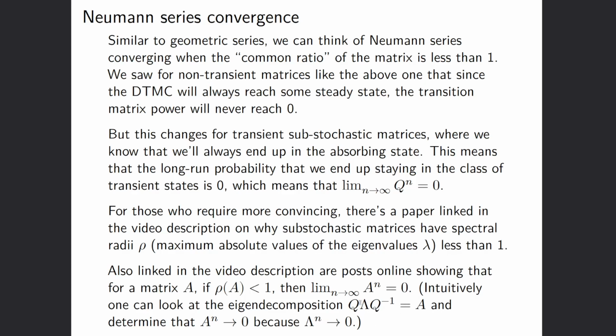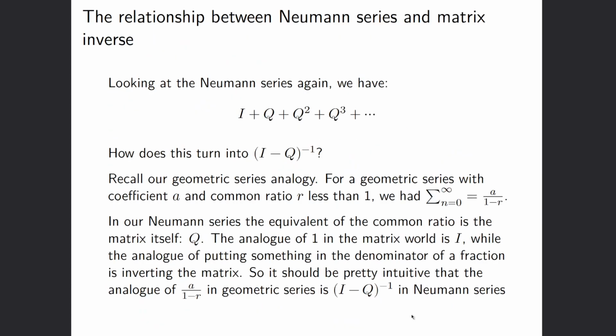But I think this is a lot more intuitive of a way to look at it. And you can say more stuff about eigenvalues for transient substochastic matrices than you can maybe about matrix norms. It's not as easy of a jump. All right, so let's go back to the Neumann series again. Now we know that it converges, right?